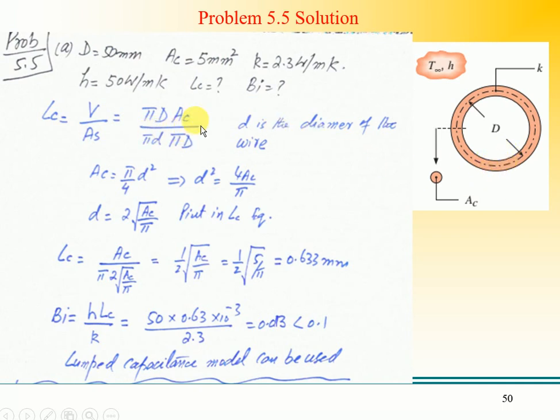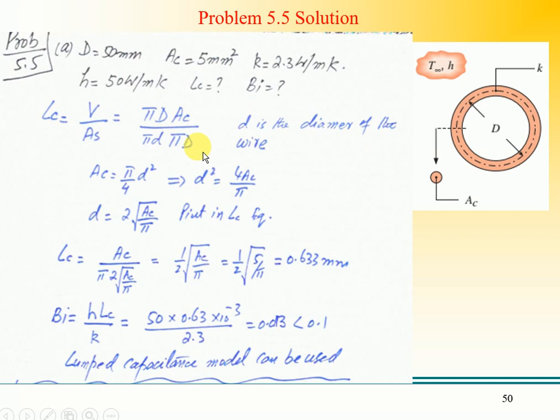So pi D Ac is the volume, and then I write the surface area, which is more confusing for the students. So let's see first of all again, when I open up, by cutting, this becomes a cylinder, of course, and the cylinder length is pi D, right? And the circumference is pi small d. Small d is the diameter that I am taking of this wire or toroidal thickness, right?